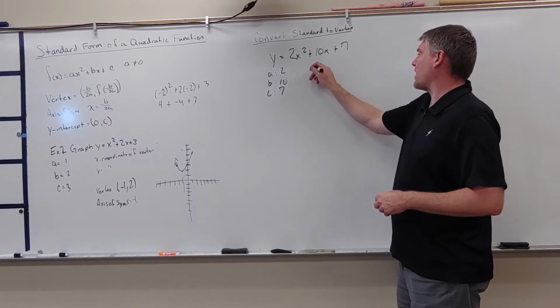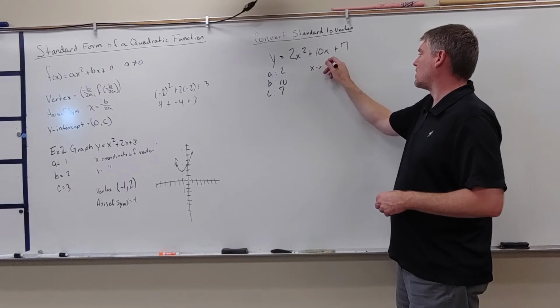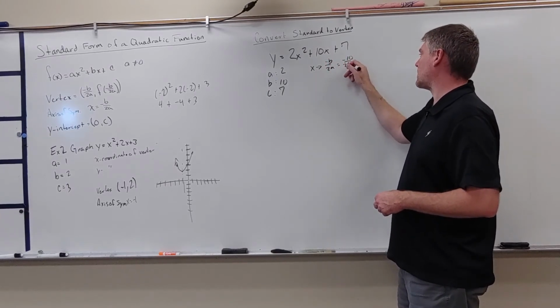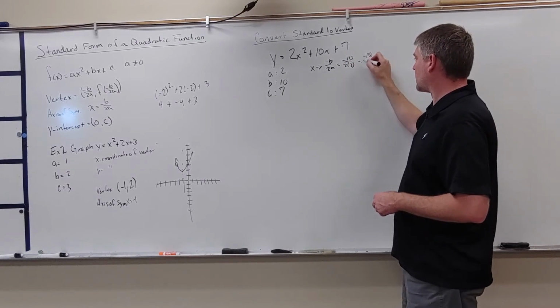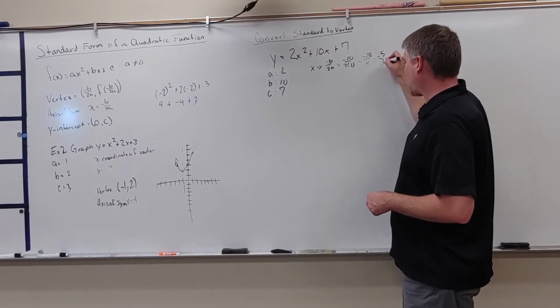So if I want to know my x-coordinate, I'm going to go negative b over 2a. So I have negative 10 over 2 times 2, which is negative 10 over 4, which is negative 5 halves.